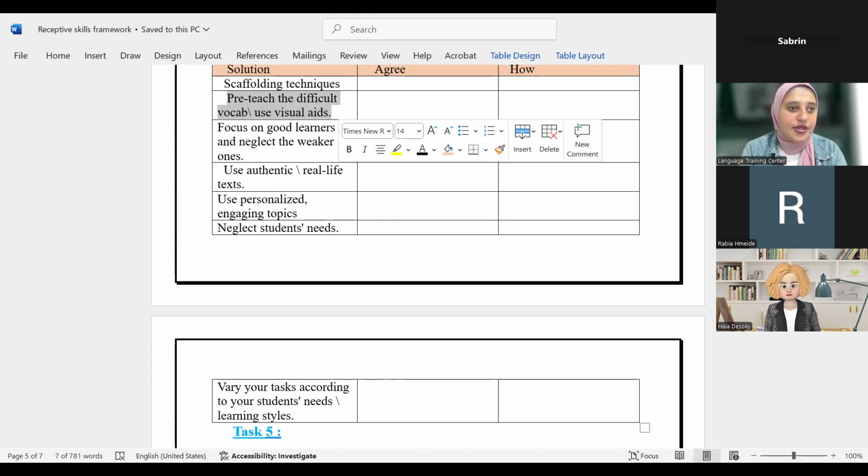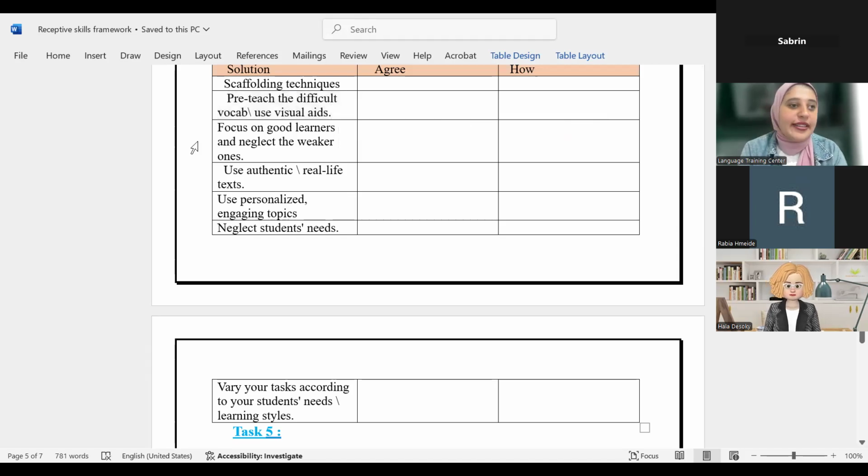What do you think about this? Do authentic or real life texts engage your students more in the lesson? I think so. Yes, great. So what about using personalized and engaging topics?